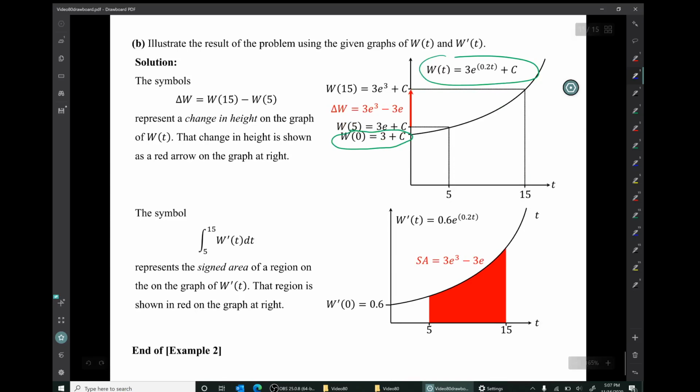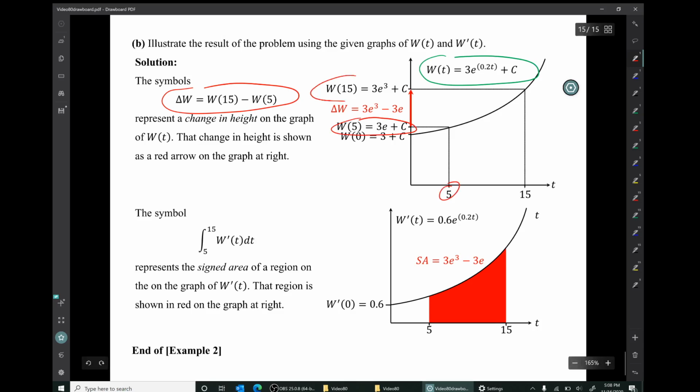And that shows up on this graph here. It's the y-intercept of that graph. Now we're supposed to illustrate the result that we got. Our result was a change in height, delta W. That's going to show up as change in y values. And so here's the y value or the W value when t equals 5.